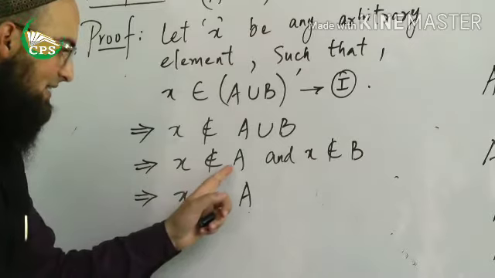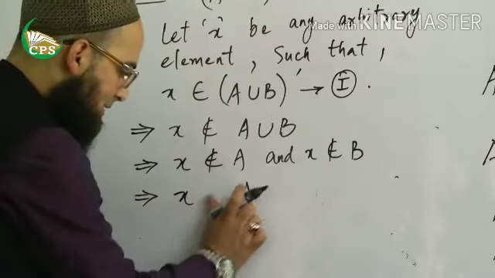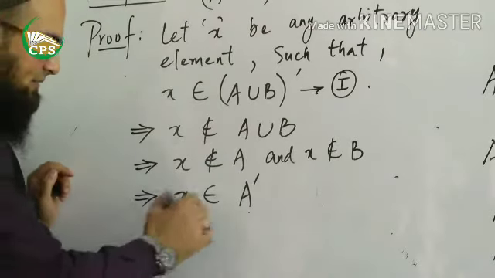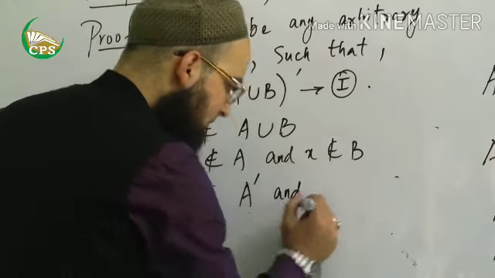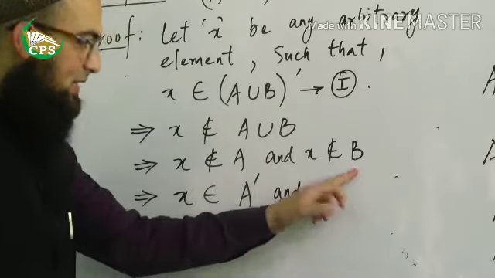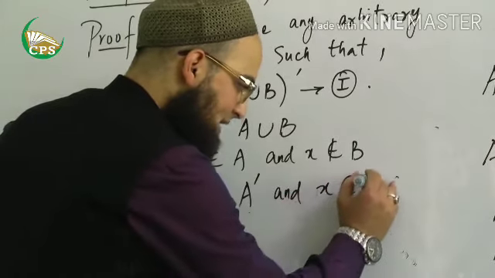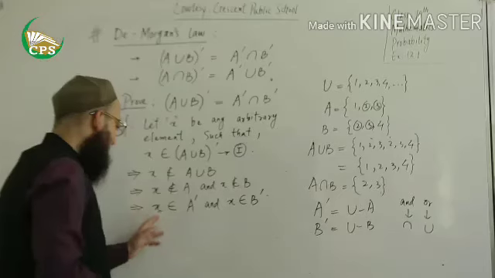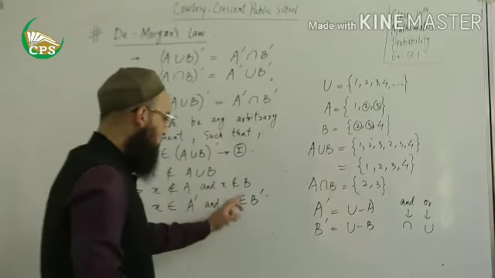Now, if X is not present in A, that means it is present in A complement. Write like this. And X is not present in B, that means X is present in B complement. I just told you this. X belongs to A complement and X belongs to B complement.